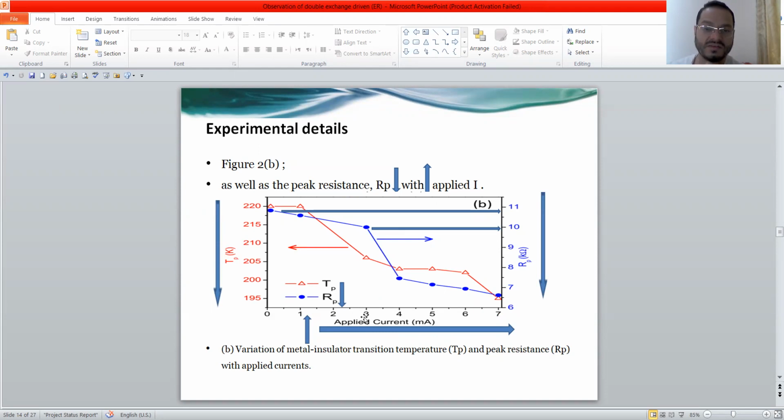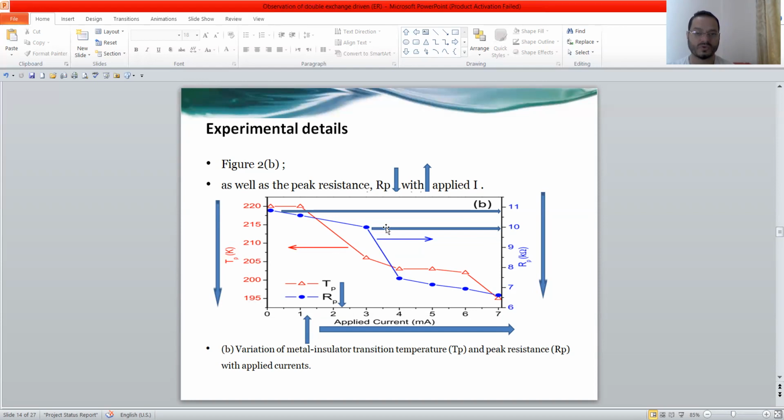Then at 3 milliampere, we note a huge decrease from 220 Kelvin to approximately 207 Kelvin. That means that when we increase the current, the peak temperature decreases.